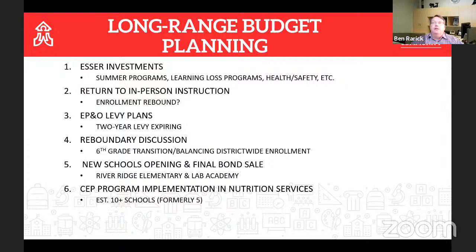The second significant long-term consideration is enrollment. As the previous slide illustrated, after many years of extremely steady enrollment, almost a decade of really rock solid enrollment, we've had some volatility in recent years, and then obviously COVID has had volatility for all districts.